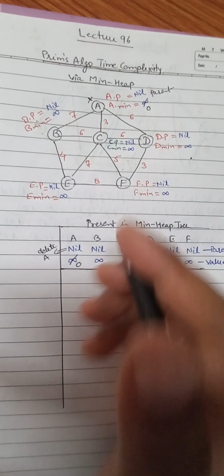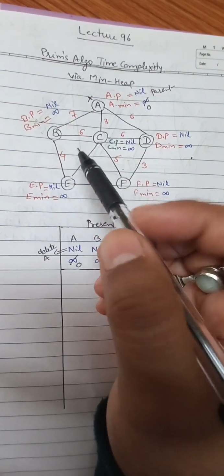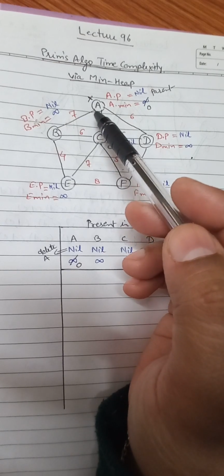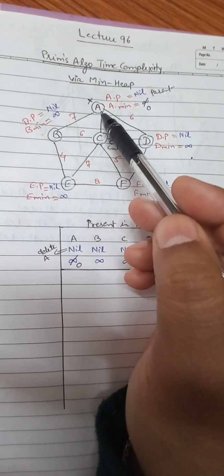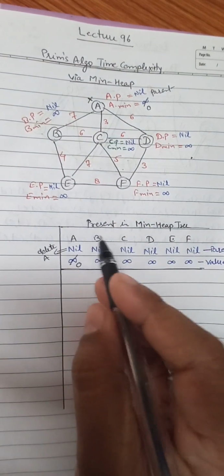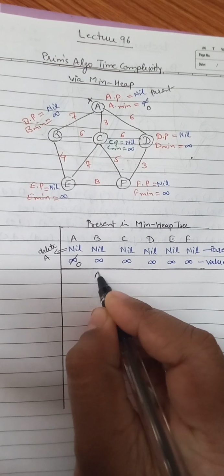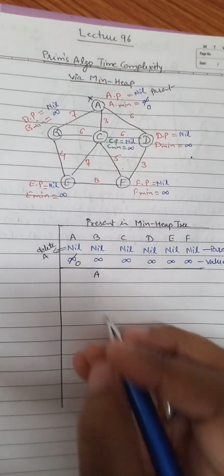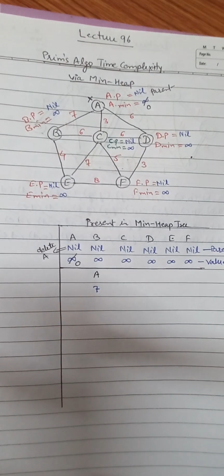Now we have to see all the nodes which are adjacent to A. So what are the adjacent nodes? B, and what is the weight? 7. So A will be the parent of B. So we are writing here A, and the weight we are writing here 7.